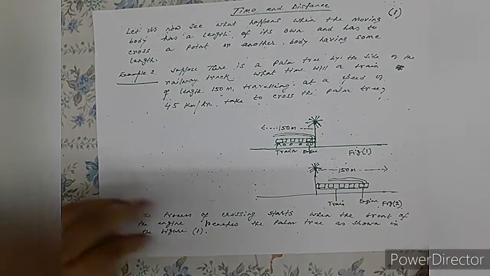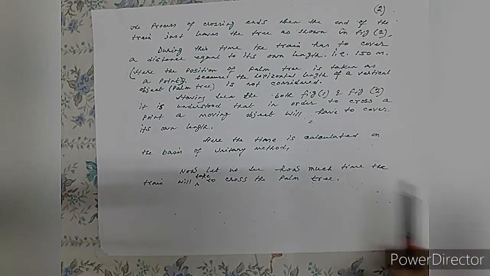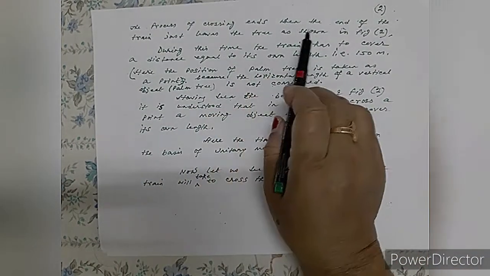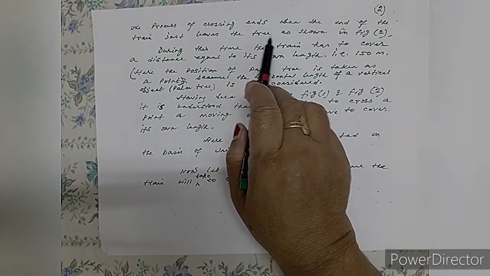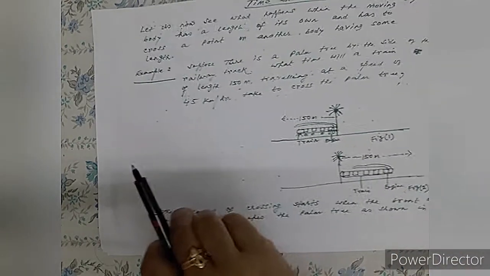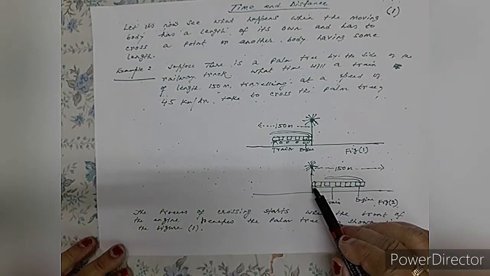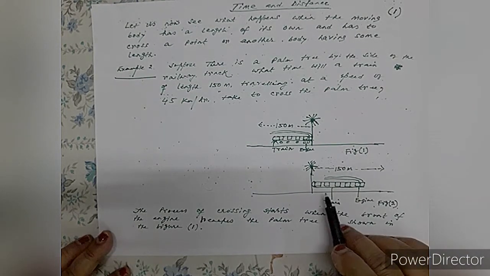The process of crossing ends when the end of the train just leaves the tree, as shown in figure 2. You see figure 2, where the train has already crossed the palm tree and the process of crossing ends.